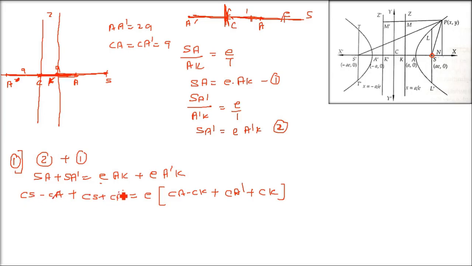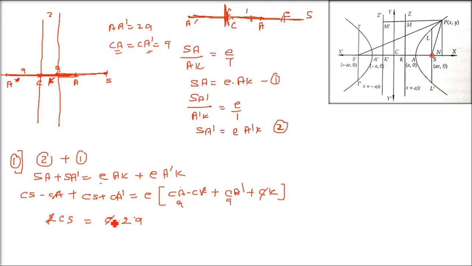Now if you see, CS minus CA, CA minus CA dash are equal. They get cancelled because they are A and A. Here CK gets cancelled. So you'll get E into CA and CA dash as what? They are A. So CA is A, CA dash is A. When you add them, you're going to get 2A. So just cancel these 2, you'll get CS.